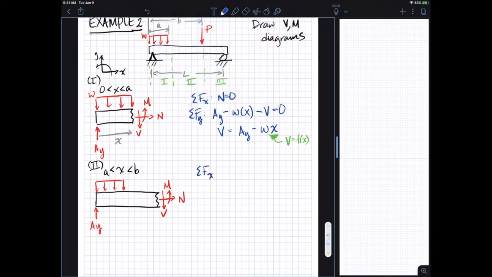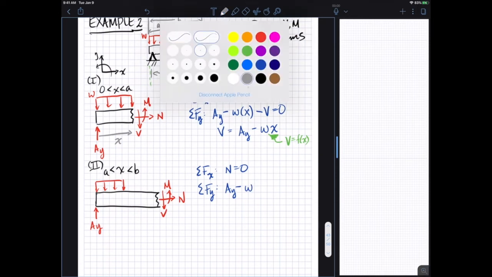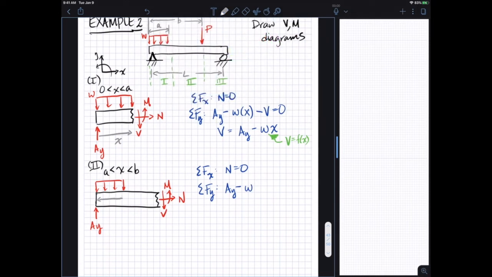For completeness, we can see that sum of forces X will be that N equals 0. What we really want to know is what's happening in terms of the shear. So sum of forces Y: now we have AY minus W, and now it's acting over the whole length A. So this distance here is A. This is our X now.